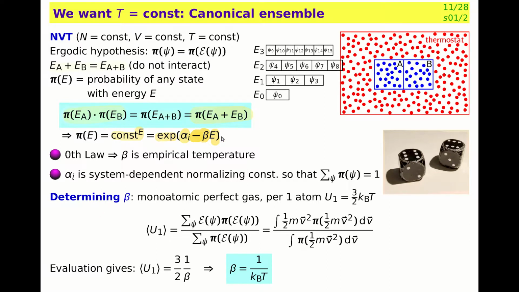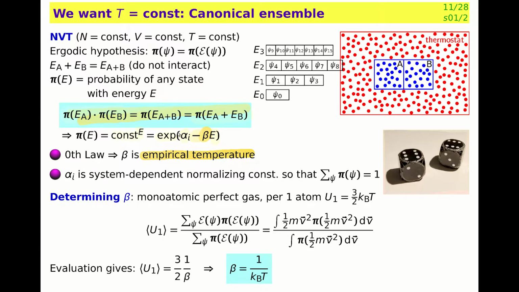Okay, when we think about it more, it means that if I have several systems in the same thermostat, an equation like this is true. It means that the beta depends only on the properties of the thermostat. That is, it is an empirical temperature, any measure of temperature.